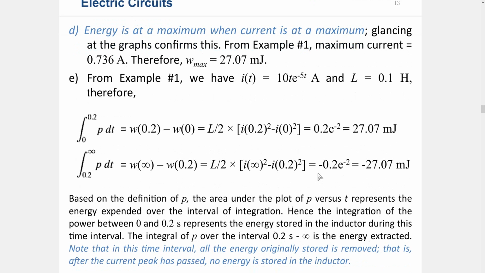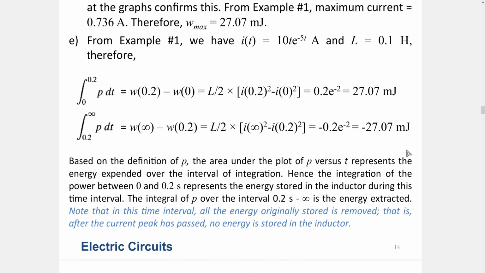Now, it's important to note that the total sum of energy is zero, as expected. So the energy is conserved. We have just stored energy in the magnetic field for a short duration, and then we have returned that back to the external circuit.